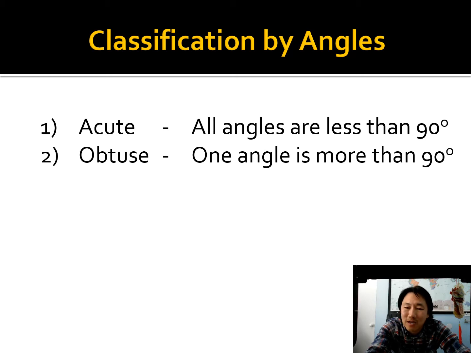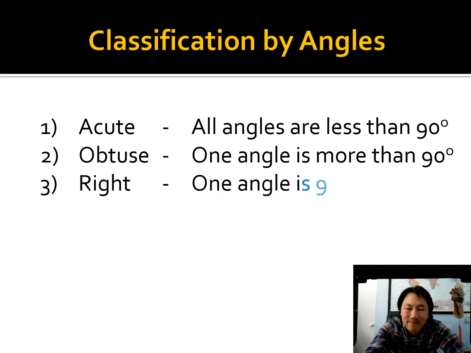It is impossible to have more than one angle in a triangle that's more than 90 degrees. A right triangle, that's when one of the angles is 90 degrees. And then the last one is a special one, an equiangular. That's when all the angles are equal.